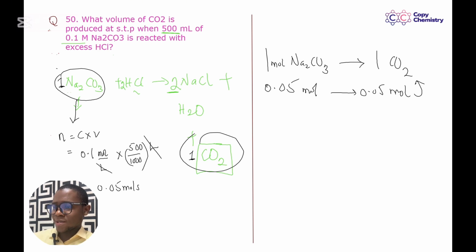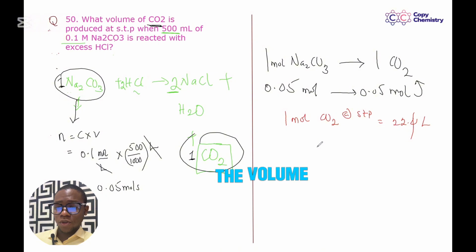The question asks us to get the volume of CO2 produced at STP, not number of moles. But we already know, do we know this, that 1 mole of a gas like CO2 at STP occupies 22.4 liters. Do we know that? That would come in handy here.